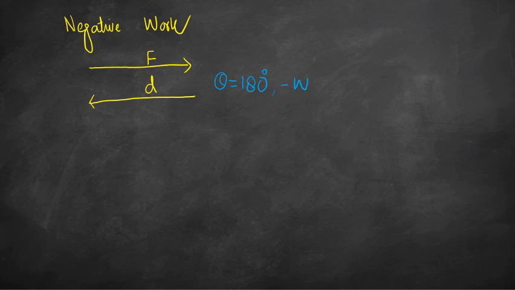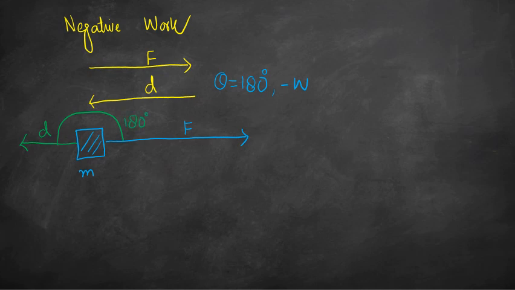Suppose that this is a block and the block has a mass m. Suppose the force on this block is applied along this direction, but this block moves along the opposite direction like this. So the angle between the force and displacement becomes 180 degrees.